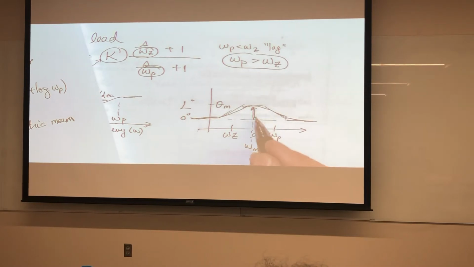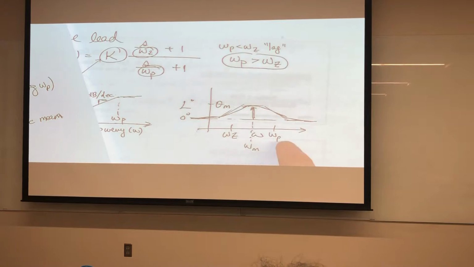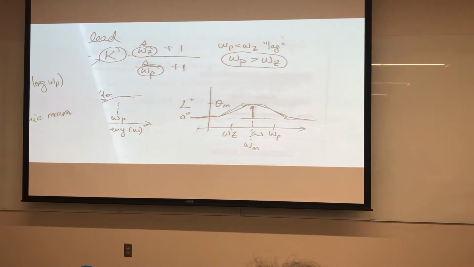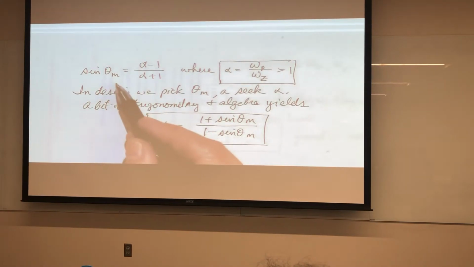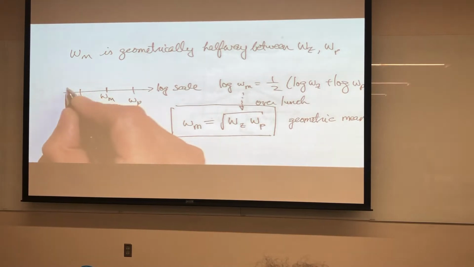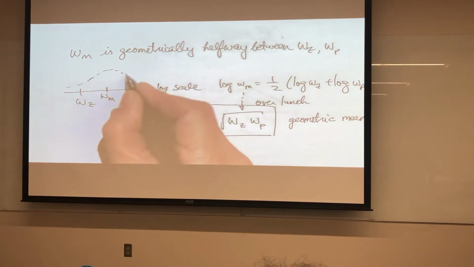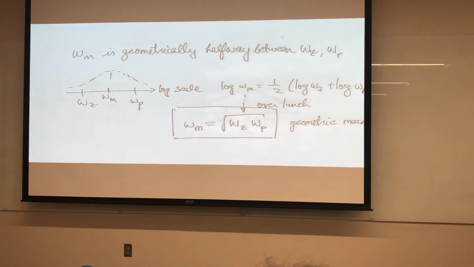Once we determine that, and we know the spread, that will tell us omega z and omega p. So we have one equation that tells us how big the phase is, and another equation that tells us where this peak is going to be. It's going to be in the middle, geometrically.